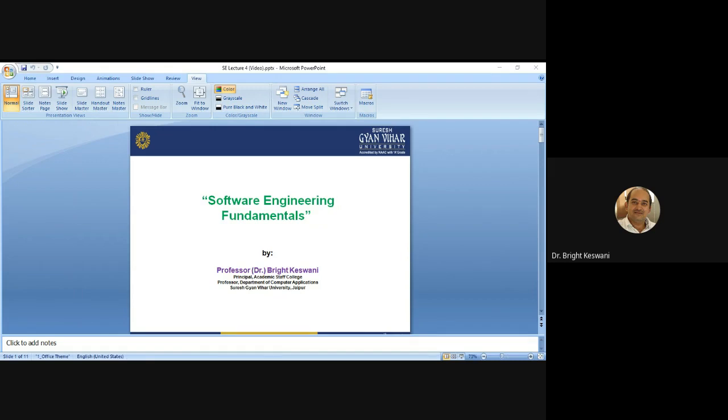The next question: the problem definition is crystallized and aspects of the problem to be included in the system are determined. In the feasibility study, the problem definition is crystallized and aspects of the problem to be included in the system are determined.